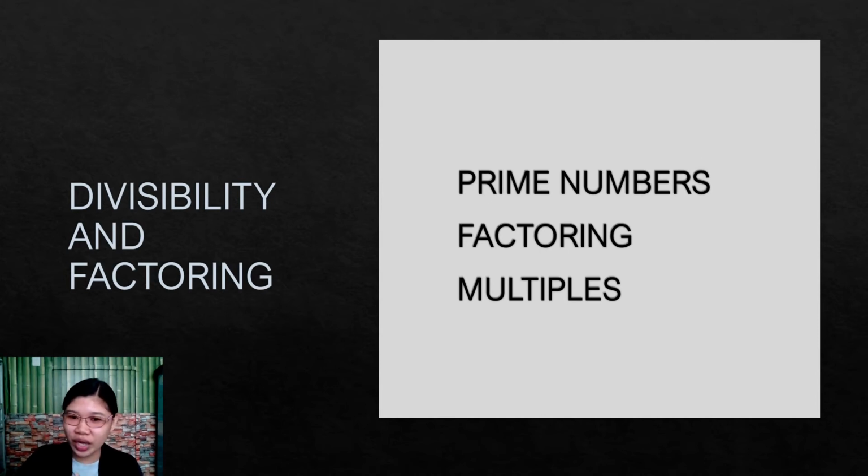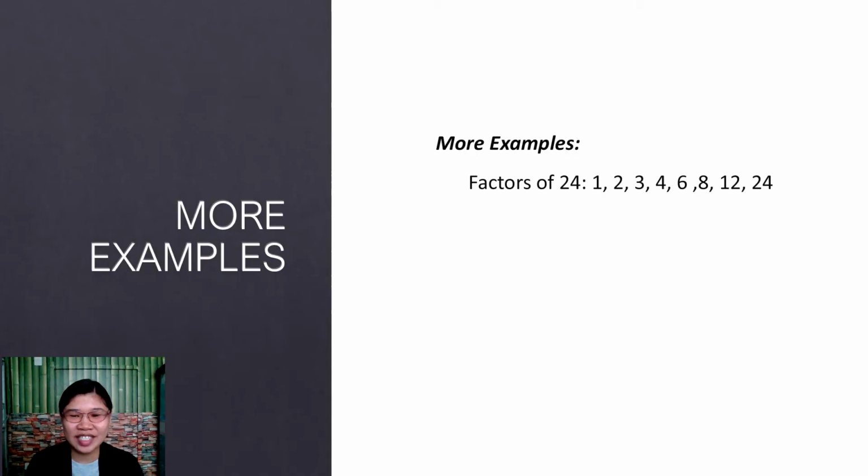So I hope you understand the prime numbers, the factoring, and the multiples. So let's go to the next. Before we proceed to the test of divisibility, I will just provide more examples of factors. Factors of 24: 1 and 24, 2 and 12, 3 and 8, and then 4 and 6.